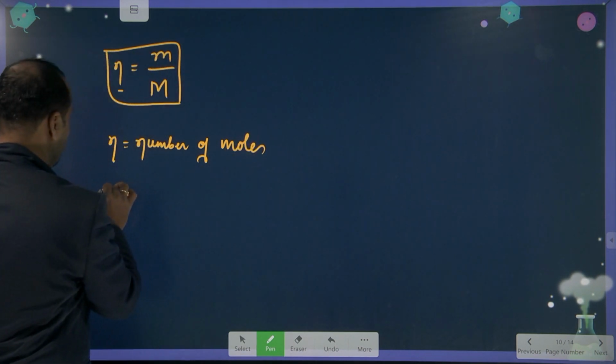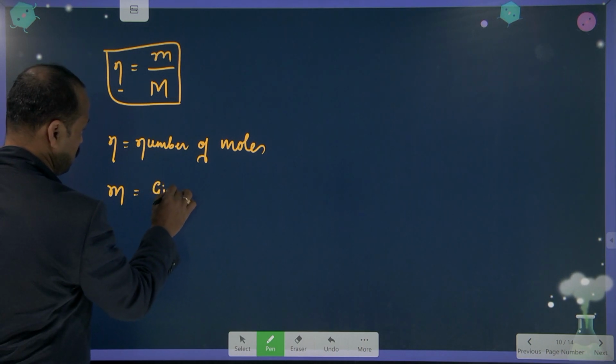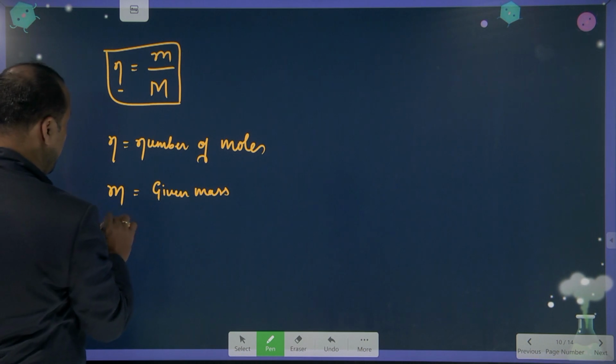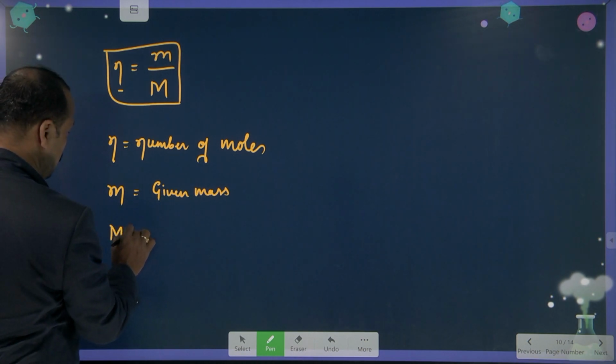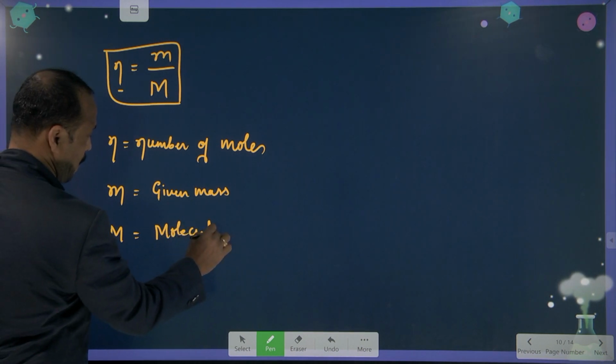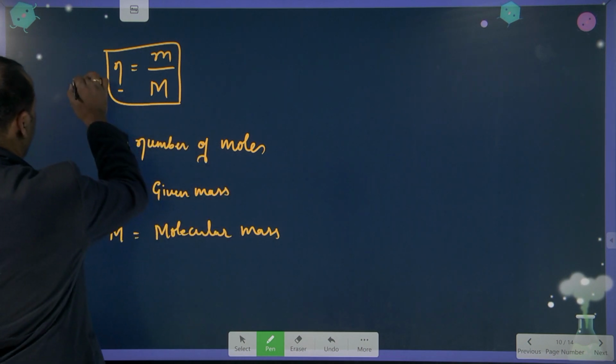Okay, and small m is equal to given mass. And capital M is equal to molecular mass. So this is one important formula.